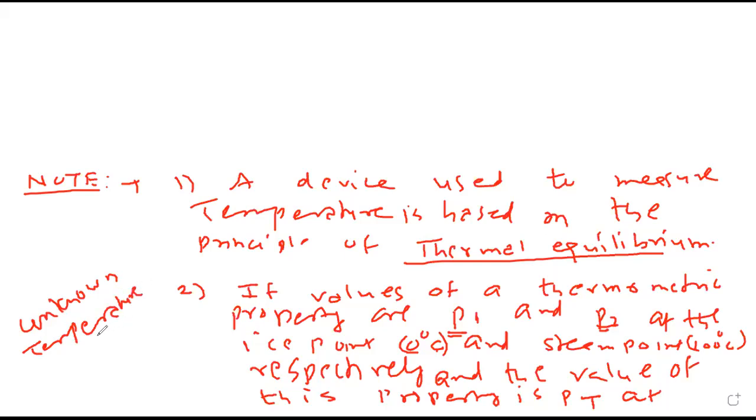That means if they say the height of the mercury column at 0 degrees is this, at 100 degrees is this, that means that is the property at 0 and 100 of the thermometer. But suppose they say at an unknown temperature T, that property is Pt.